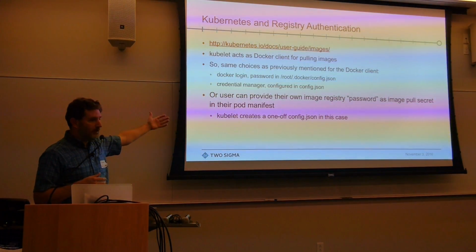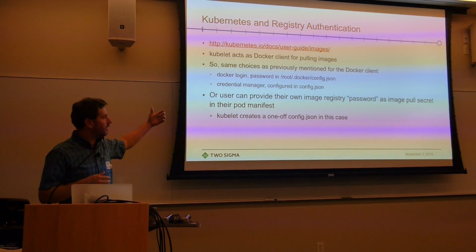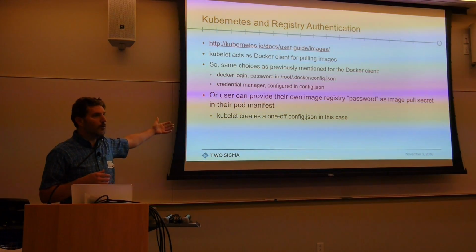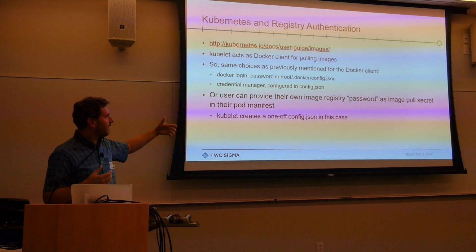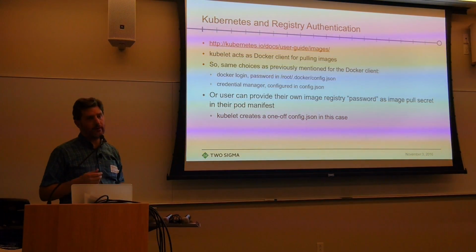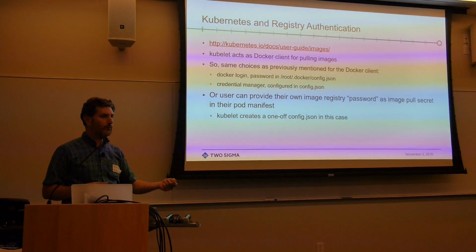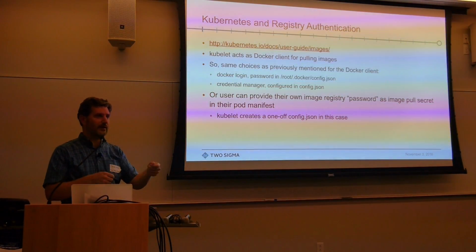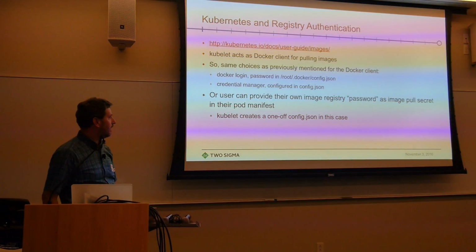The thing that's kind of unique about Kubernetes is that you can have people specify their own password, which is a token in our case, as what's called an image pull secret in their pod manifest. So they actually upload the token itself as a Kubernetes secret, and then they reference that in the pod manifest as my image pull secret is stored in a Kubernetes secret with this name.